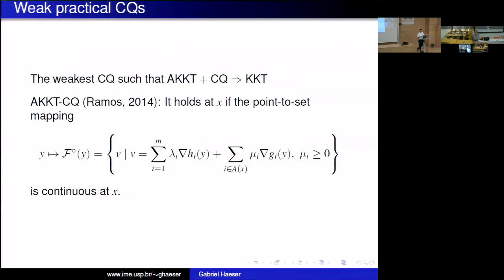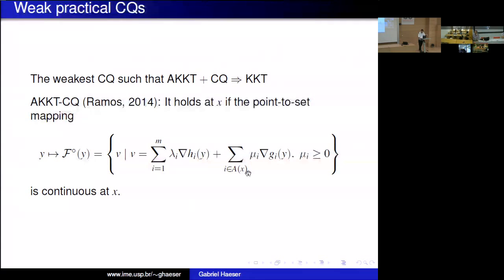Instead of asking about this basis of the cone, he simply asks for this point-to-set mapping to be continuous. So I look now at the polar of the linearized cone, and I look at this as a point-to-set mapping. For every y, instead of at the point x, I allow this x to change to some y.